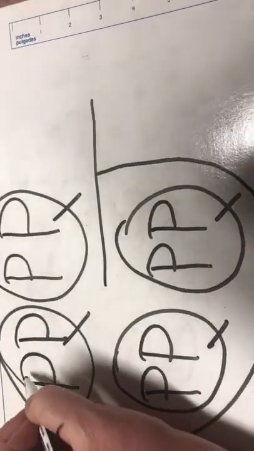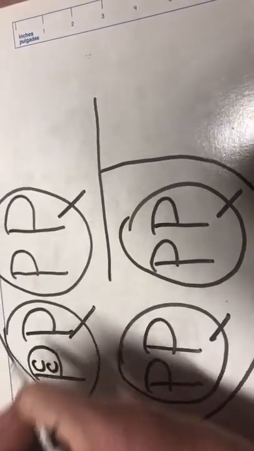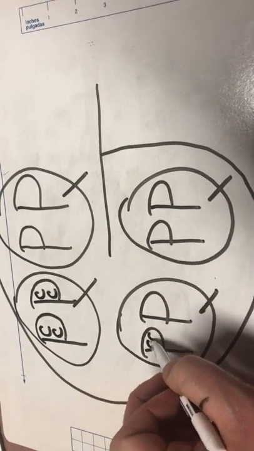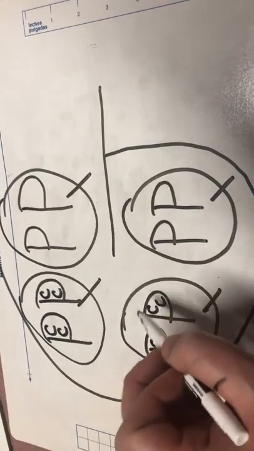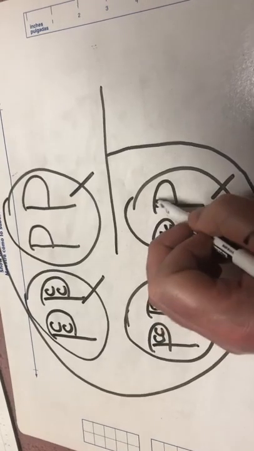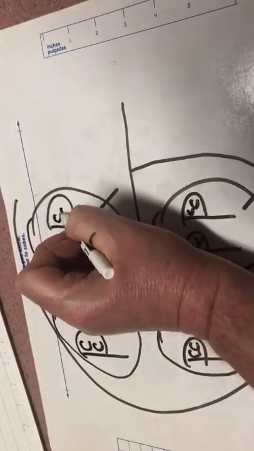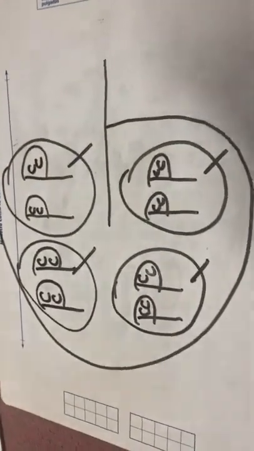So inside of every pint, I'm going to put 2 C's to show that it takes 2 cups to make 1 pint. And there's our finished product.